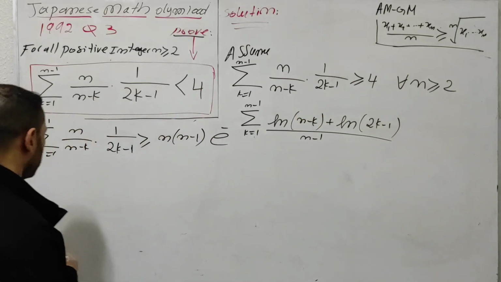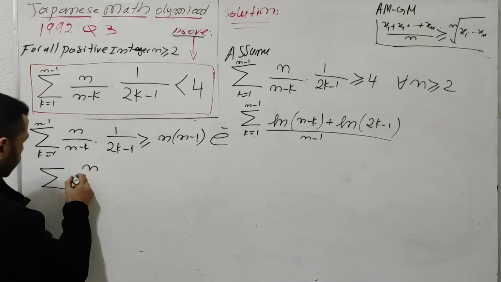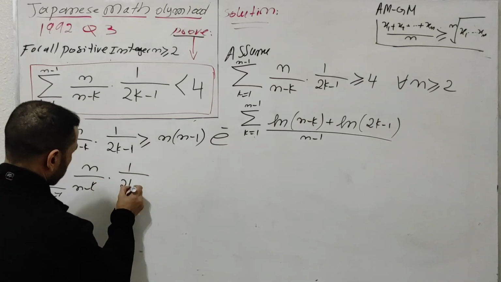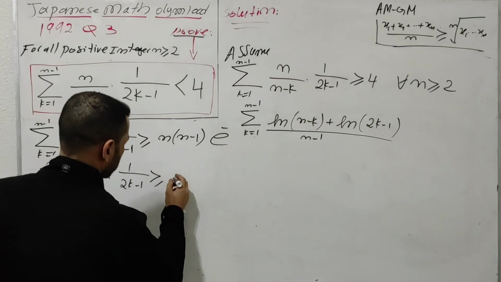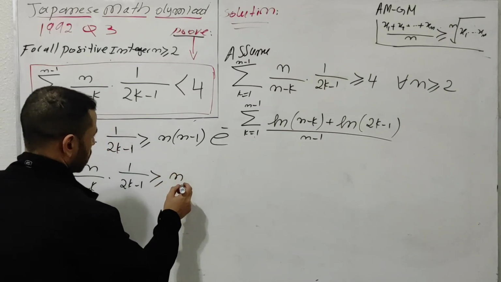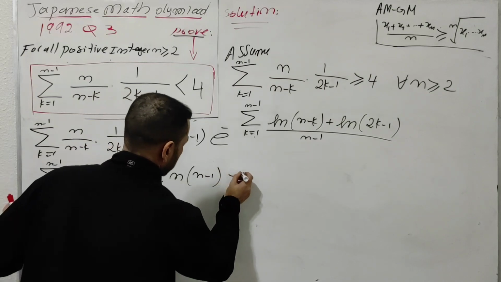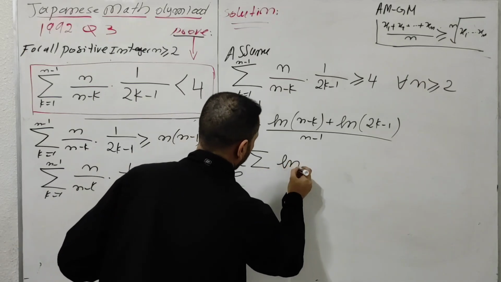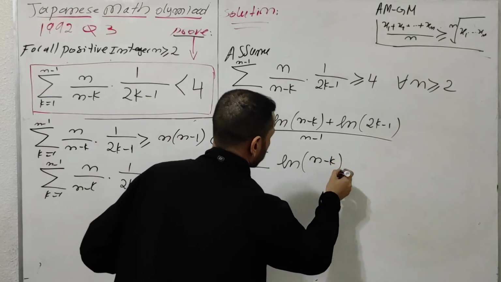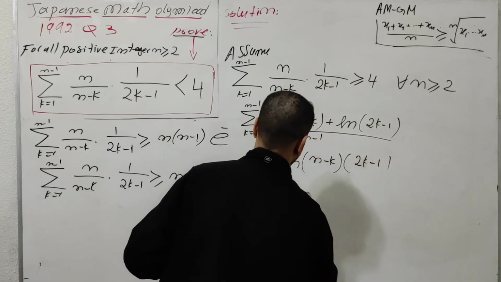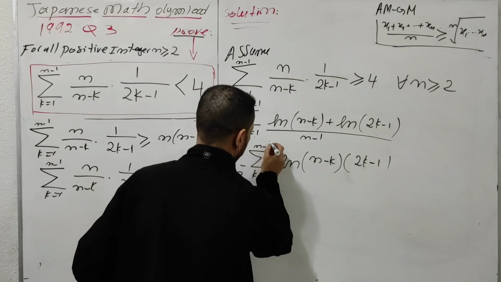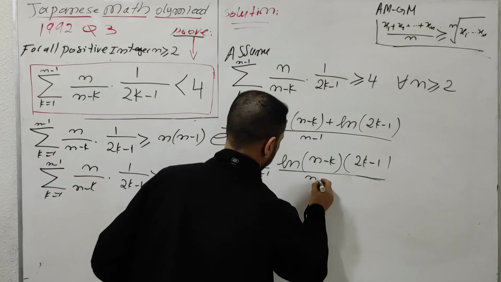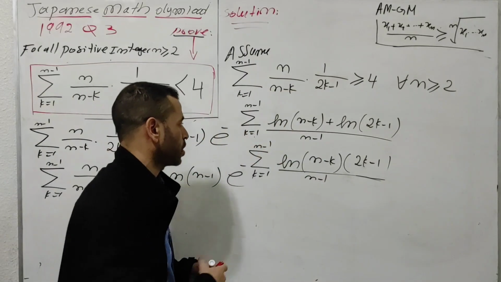Okay, I will get this sum, n over n minus k, as k goes from 1 to n minus 1, multiplied by 1 over 2k minus 1, is superior or equal to this one: n multiplied by n minus 1, multiplied by e to the minus the sum of natural log of n minus k multiplied by 2k minus 1, as k goes from 1 to n minus 1, all over n minus 1. Okay, so I just applied the natural log rule here.